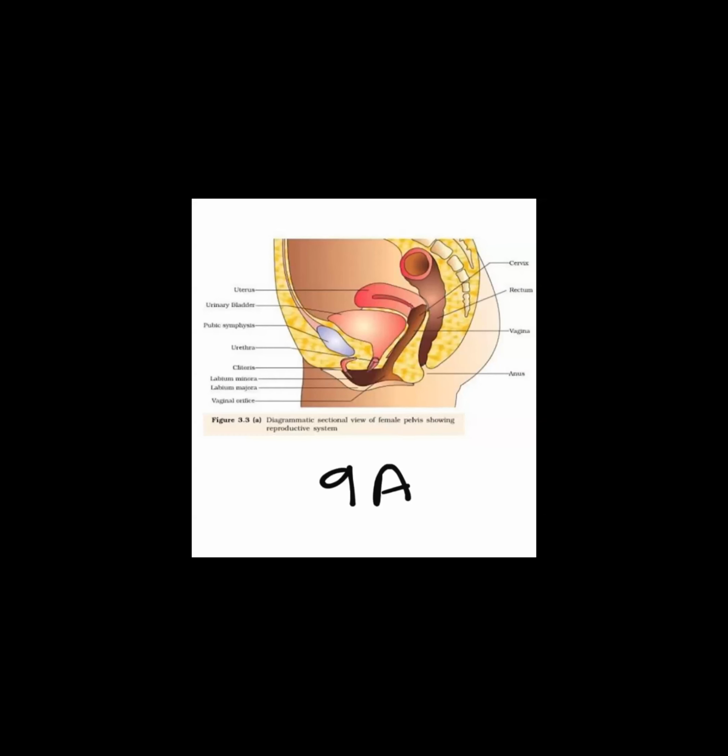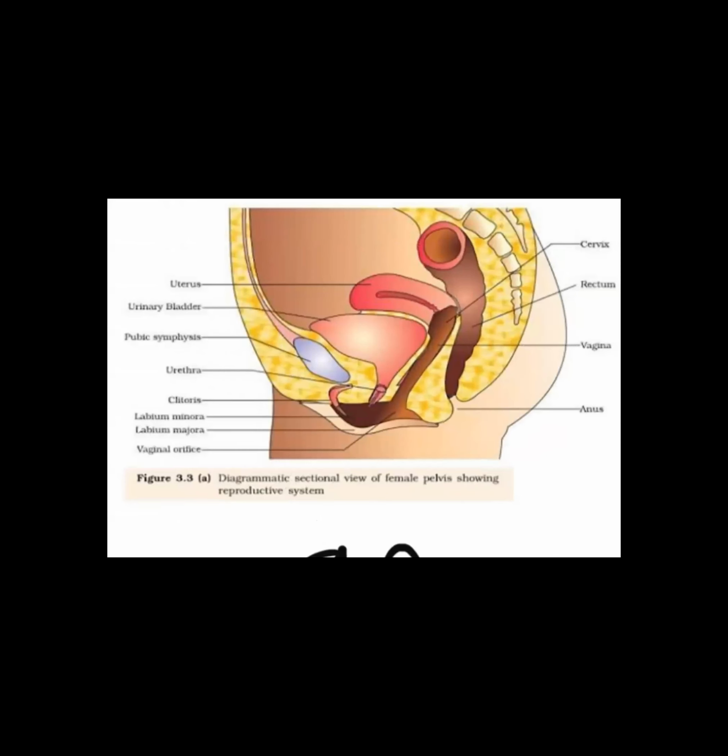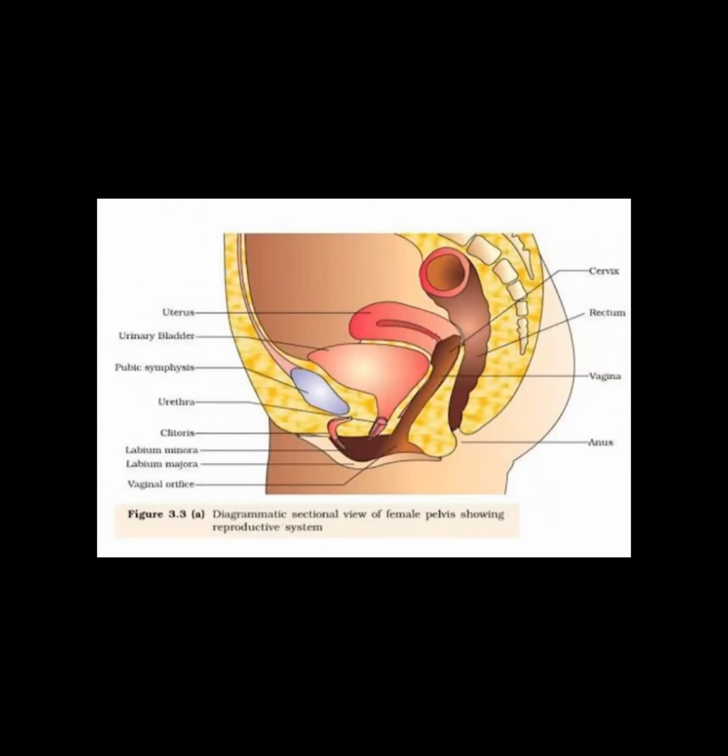Let's talk about the female external genitalia. In the female reproductive system, the external genitalia is our next topic. Before I go to it, let's have a look at the side view of the female reproductive system. What you saw was the front view, and this is the side view. This is the uterus, here is the cervix, here is the vagina.